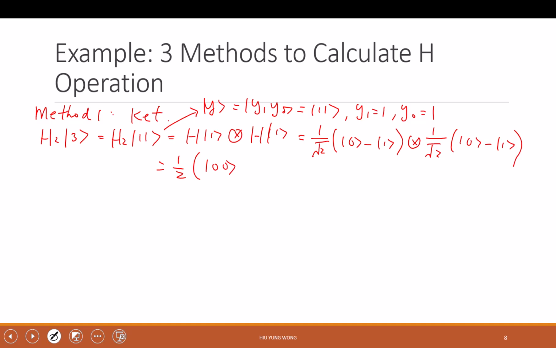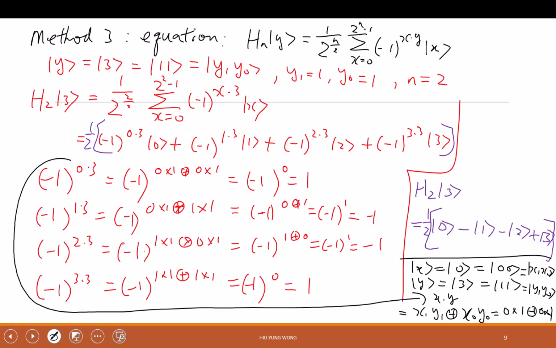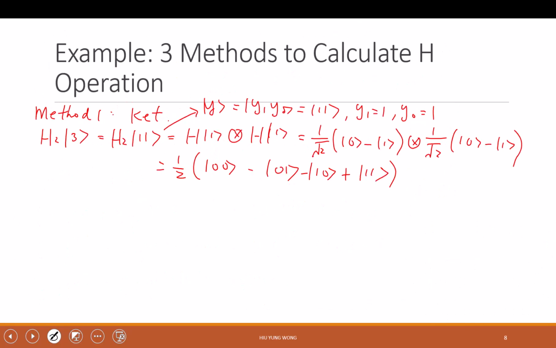Is it plus or minus? In front of 0, 0, plus, right? How about 0, 1? Minus, because I have negative 1 and 0, right? How about 1, 0? Also minus, right? How about 1, 1? Plus. And this is the same as what we did here, right? Plus, minus, minus, plus.